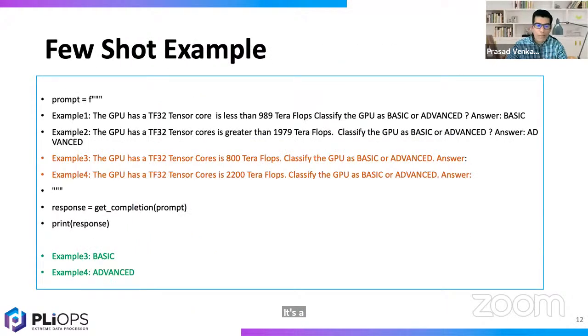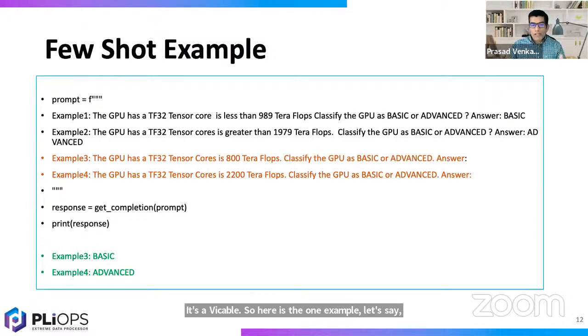So here's one example. Let's say NVIDIA GPUs, everybody is using them left, right, and center, so there is no question about it. But it's a very simple example to illustrate how a few short examples can be used to classify whether a given NVIDIA GPU is basic or advanced. So I provided a prompt template.